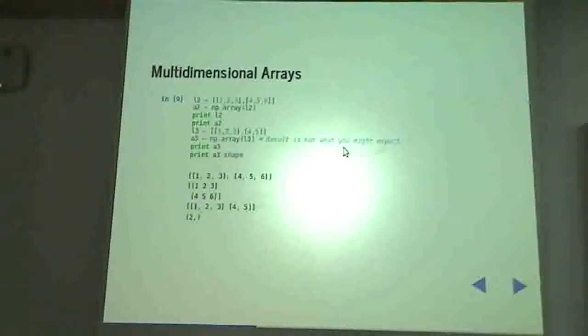So this is a list of lists. Okay, and then I converted that into an array A2. L2 is a list and A2 is an array. Okay, so this is the list, this is the array. And you saw how it got converted. Okay, 1, 2, 3 are the sort of columns, and so it has 3 columns and 2 rows.